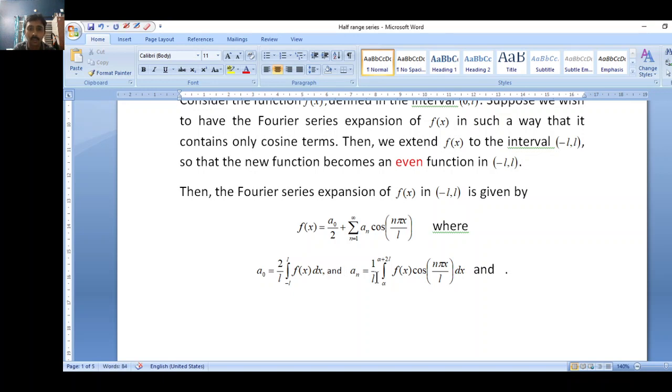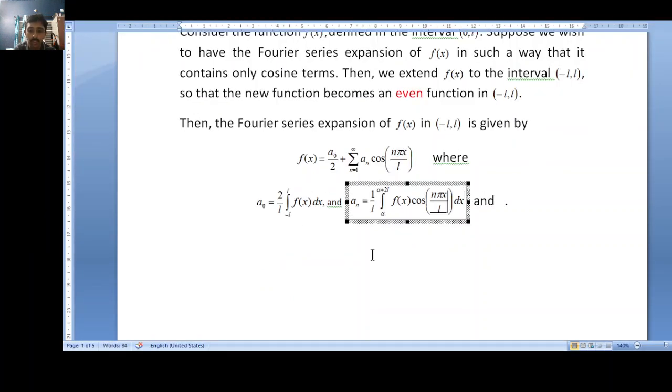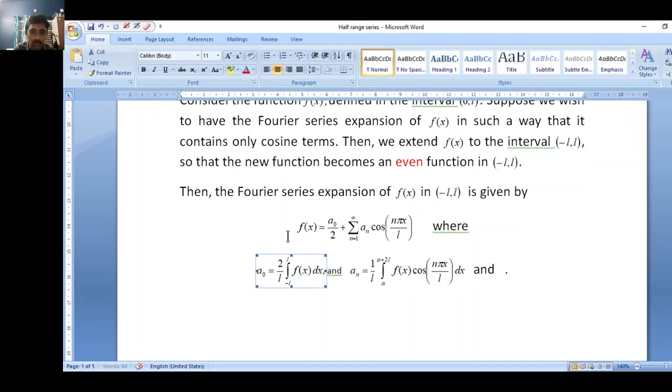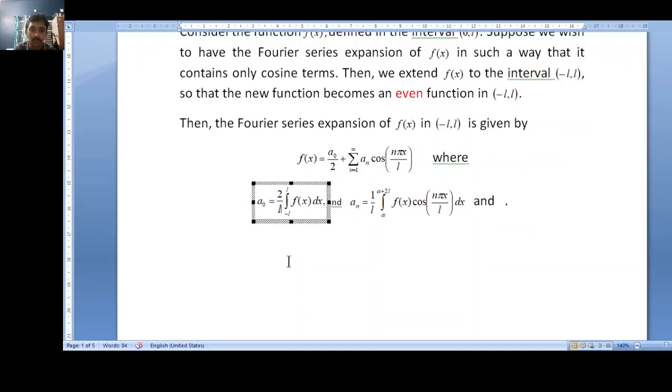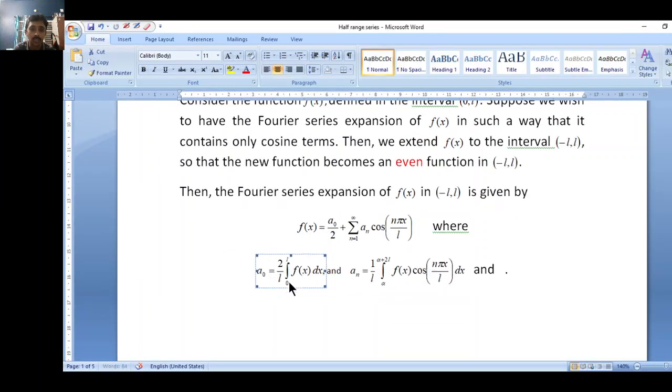And similarly for an, initially it is minus l to l. Because the given function becomes even, we're going to get the integral as integral 0 to l.